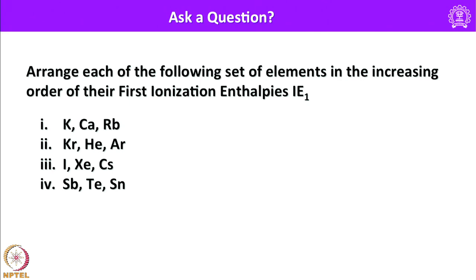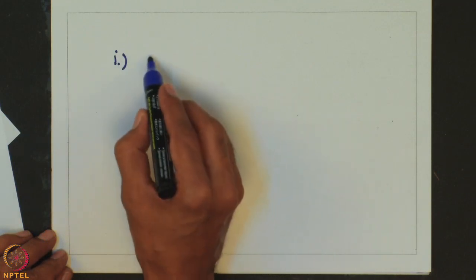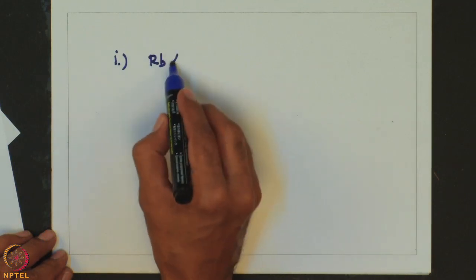Again we have to identify their position in the periodic table, whether they belong to the same group, the same period, or different groups. Once after identifying and knowing their atomic number, we should be able to write taking a clue from the periodic trends. First one, the answer is rubidium, then potassium, then calcium.